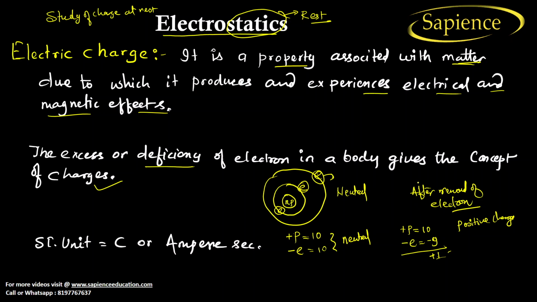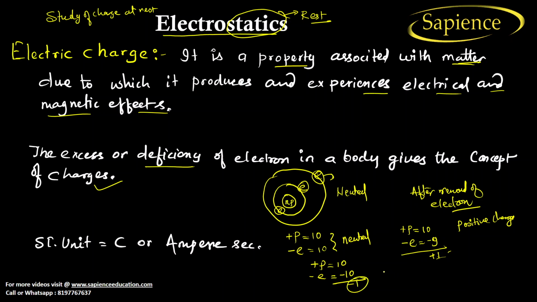Now, what will happen if I add an extra electron? The protons remain fixed at plus 10, and if you add an extra electron, the negative charge will be minus 11. So overall this will be minus 1.